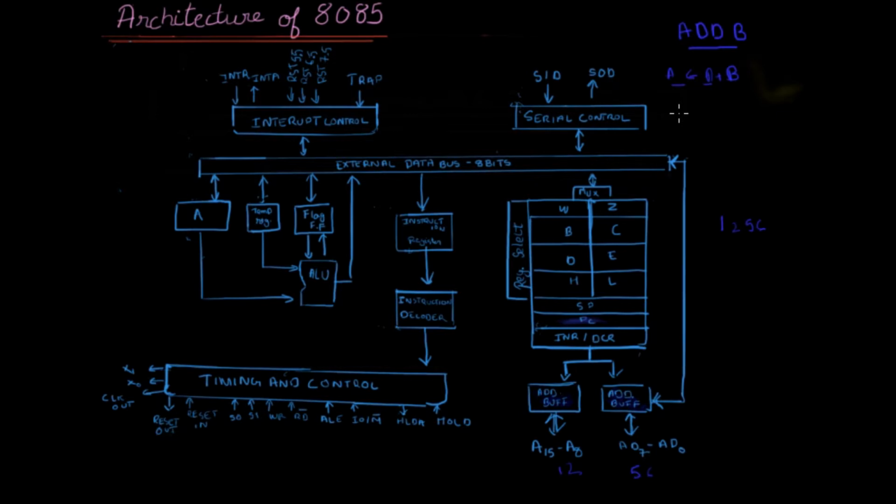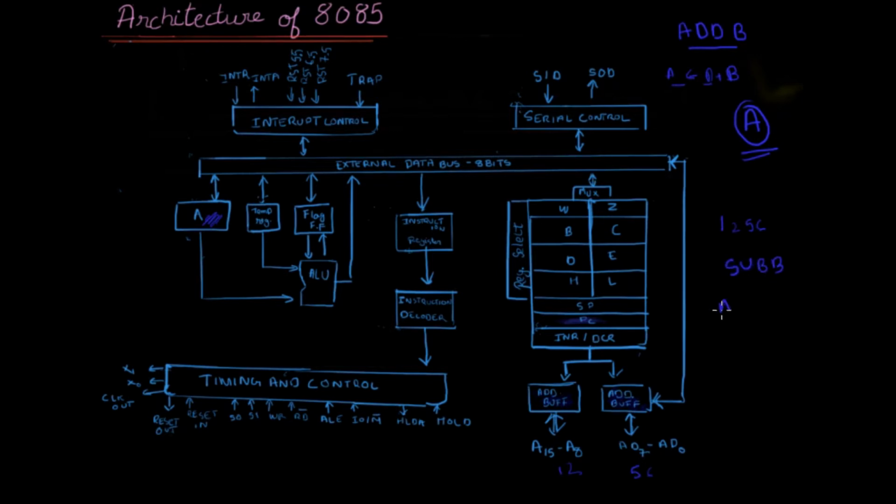It is to be accumulated in one particular register, and that register is a special register called the accumulator register. Always remember, this accumulator register is always going to be your first operand. Always. If you have SUB B, it means A equals A minus B. Always the first operand is the accumulator.